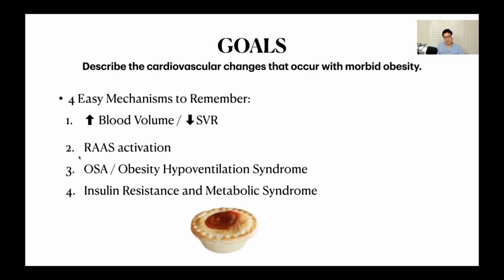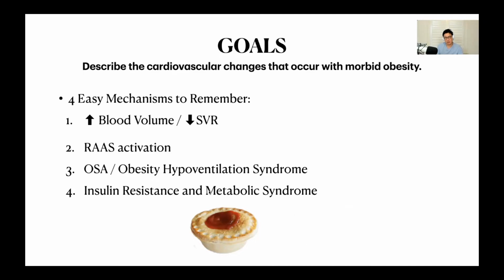Number 2 is activation of your renin, angiotensin, aldosterone, and sympathetic nervous system. Number 3 is OSA and obesity hypoventilation syndrome. And number 4 is insulin resistance and its associated disease, the metabolic syndrome.